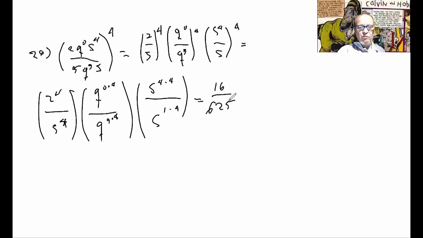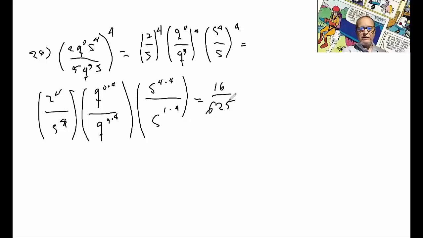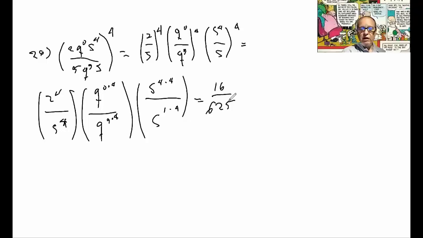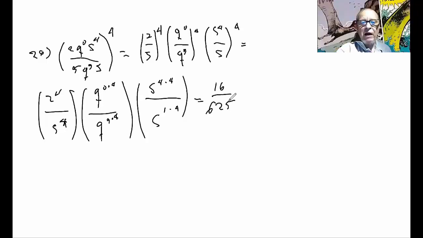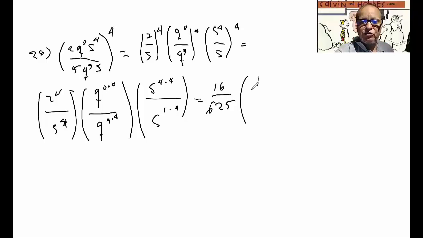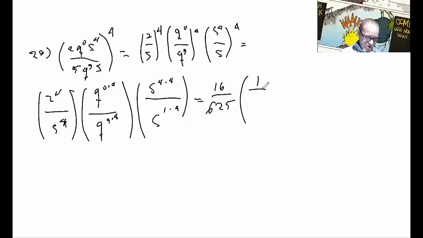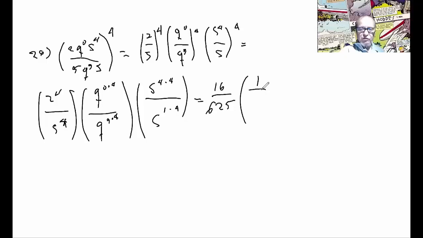And then, well, q to the 0, well, that's 0 times 4 is 0. And remember what I said, that anything to the 0 power is equal to 1. So that's just going to be 1 over q to the 36.